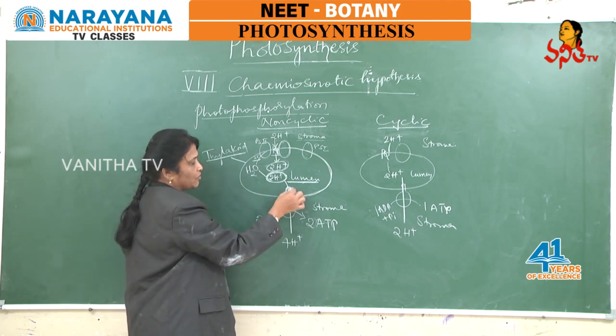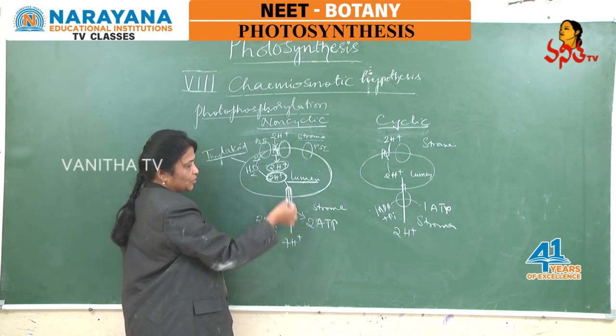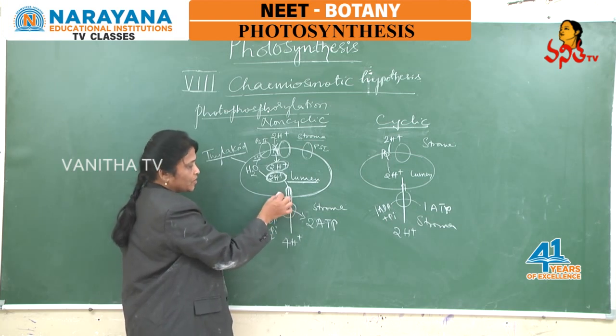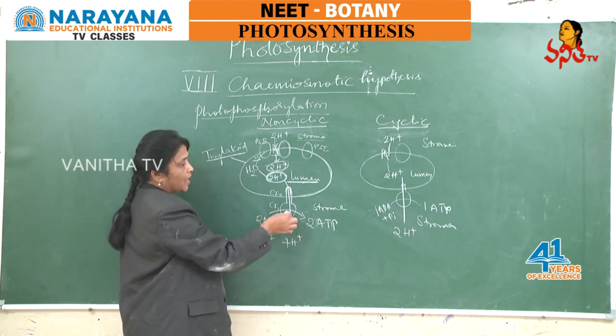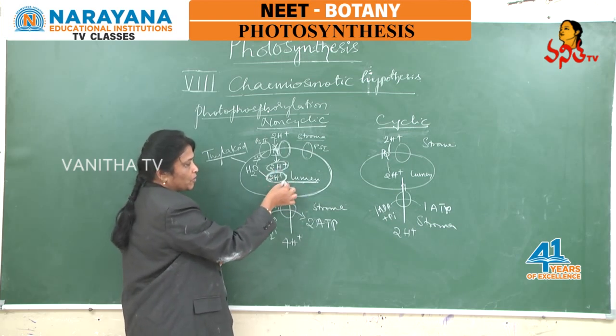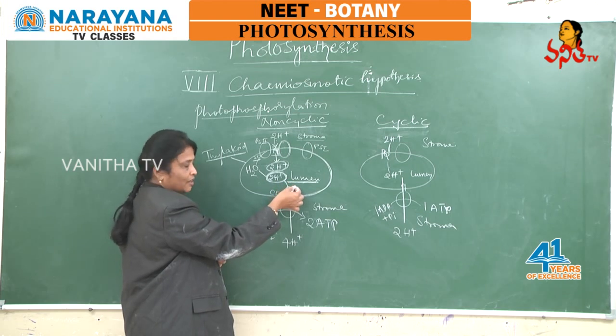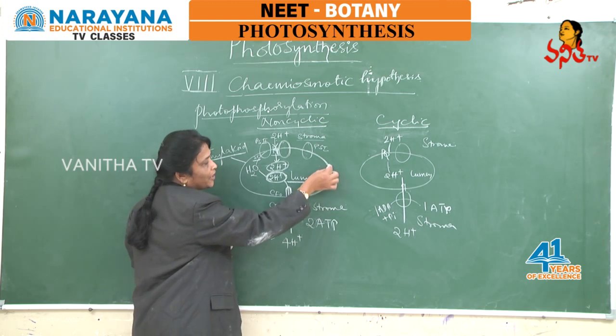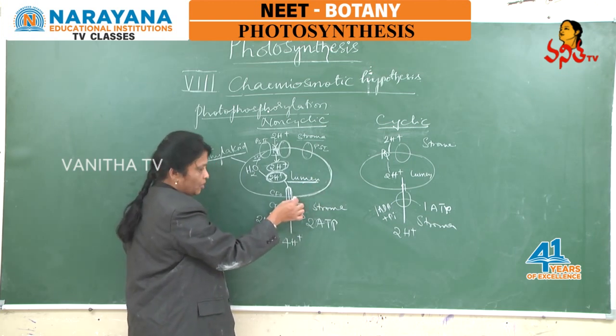So the protons are always channeled through the coupling factor, that is the ATP synthase complex, which has 2 parts, CF0 and CF1. The accumulated protons in the lumen are channeled through the coupling factor as the thylakoid membrane is impermeable.